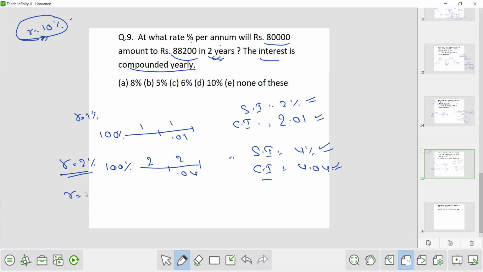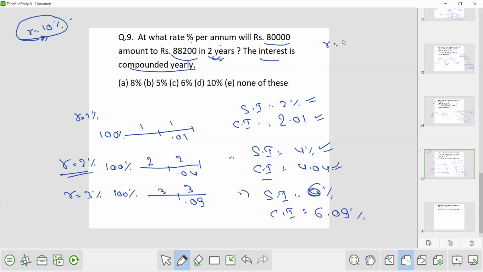Again at 2% rate, simple interest is an even number, compound interest is just greater than that even number. When the rate is 3%, again at 100%, this becomes 3 and 3% of 3, that is 0.09. Again the simple interest is 6%, and the compound interest is 6.09%. Let's take R as 8%. So again this 8 and this 0.64.